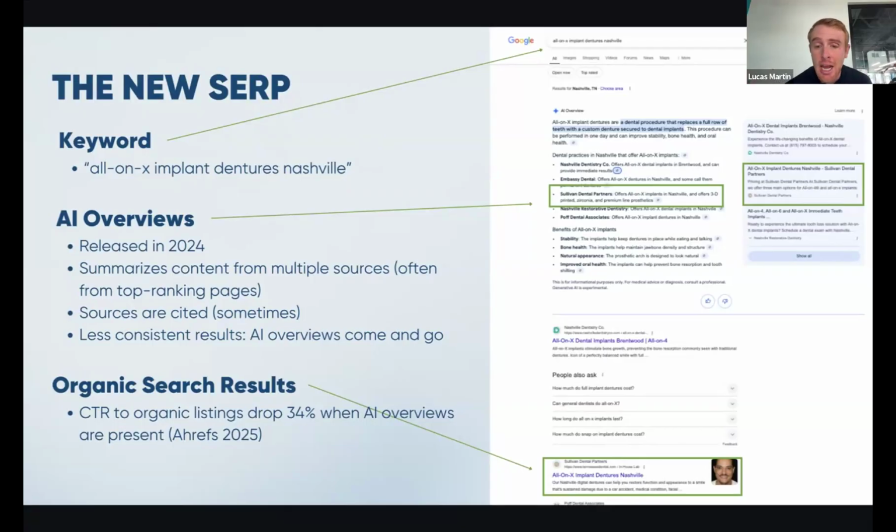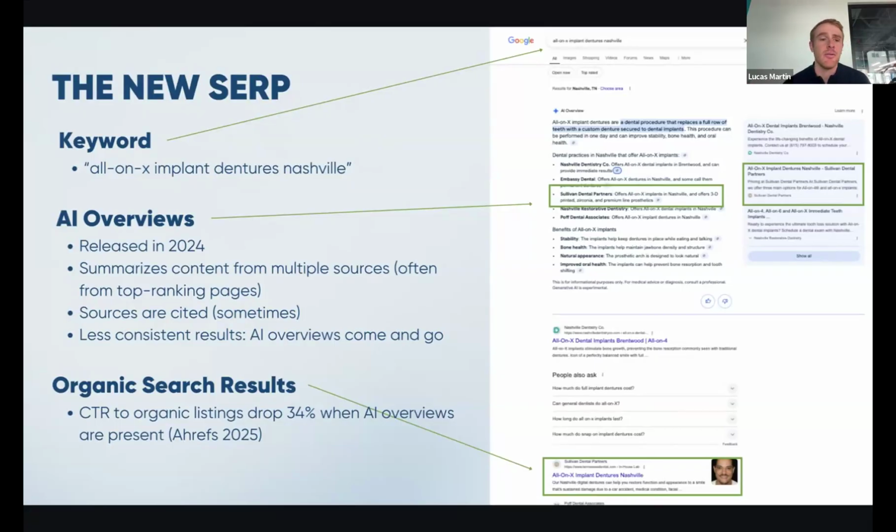There may not even be an AI overview. So there's definitely still some randomness as it relates to Google and their implementation of AI into their search. There's not a whole lot of cohesiveness, which can be frustrating, but in the world of SEO and digital marketing, that's just par for the course. So something to be aware of.